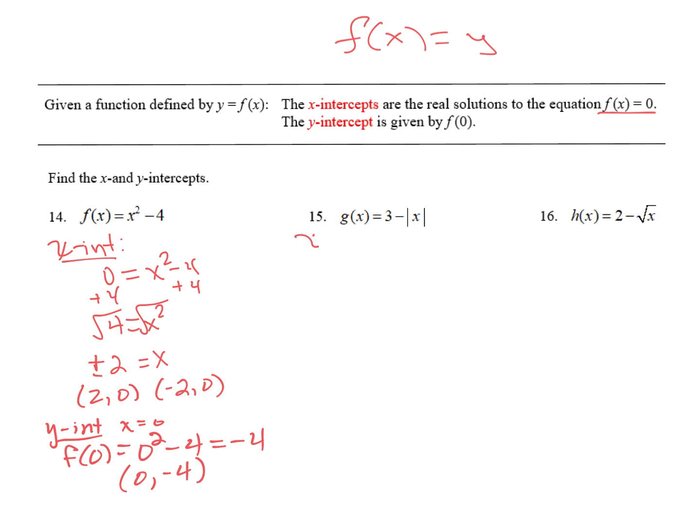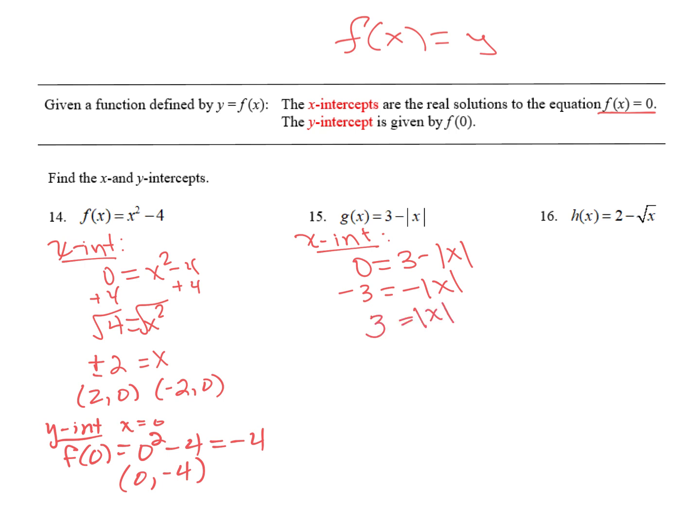So the x-intercept is where I'm going to do 0 equals 3 minus the square root of the absolute value of x. So I'm going to solve that. That's negative 3 equals negative the absolute value of x. So the absolute value of x equals positive 3.